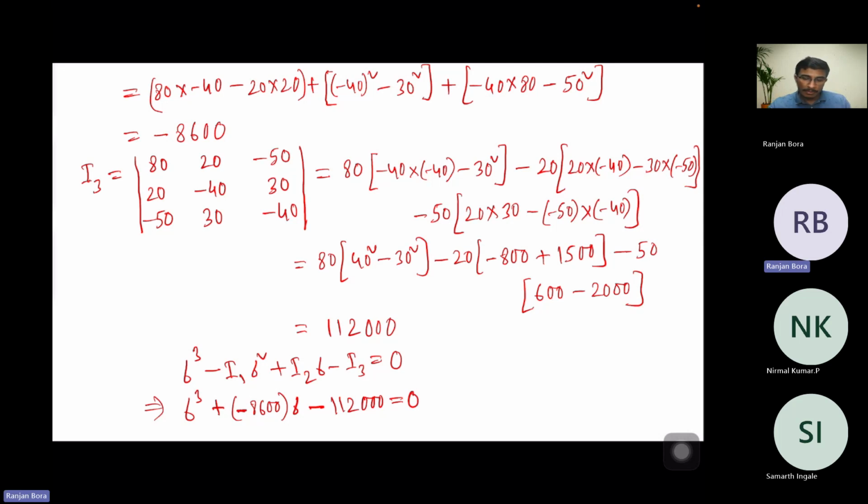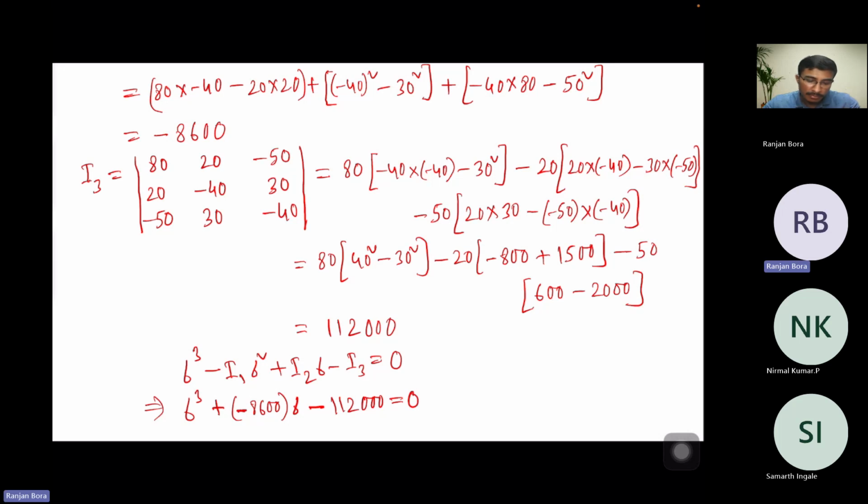Now to solve this equation, if you have a scientific calculator, then you can solve the cubic equation directly using the scientific calculator. But unfortunately, my calculator does not have that function.